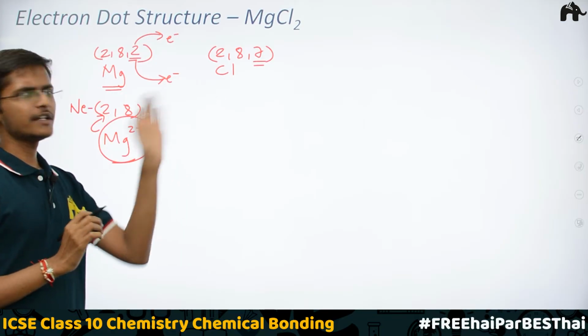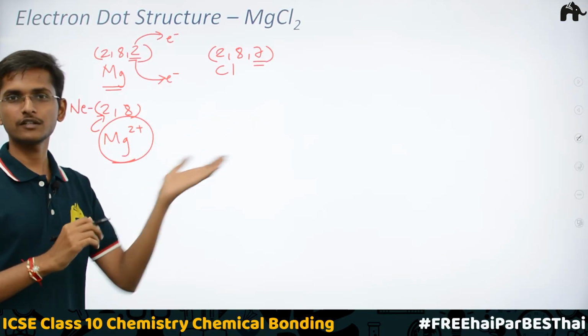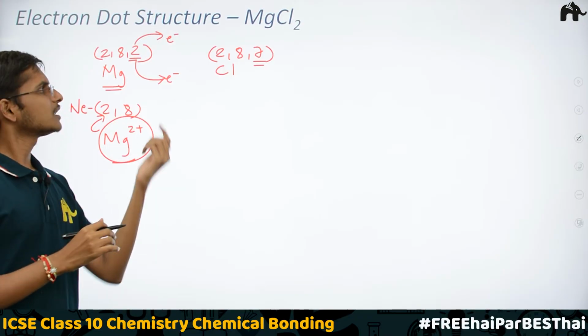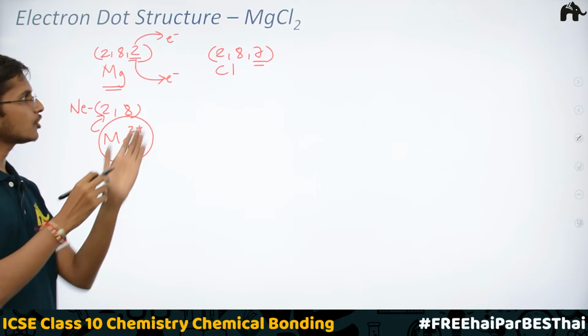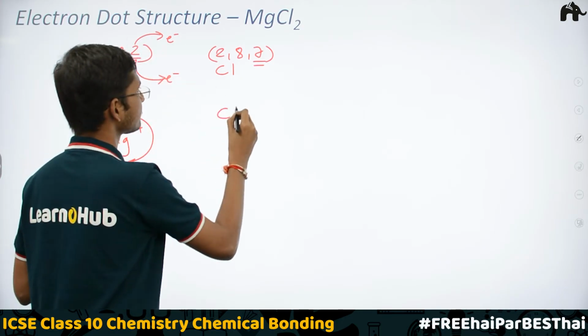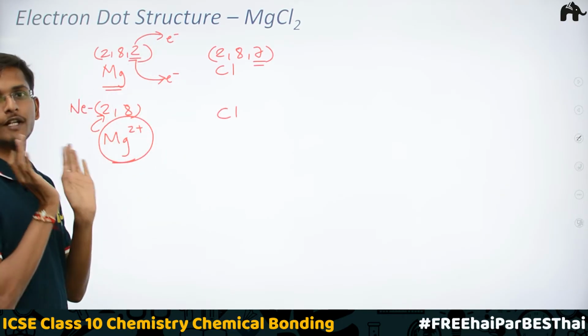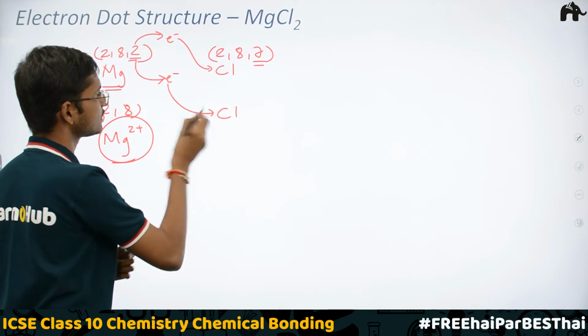So what it does, it calls another chlorine atom, another brother, and says, please come, please help me in gaining the electrons given by magnesium. I will gain 1 electron, you gain another electron. In this way, both of them would use these 2 electrons. So this electron is gained by this chlorine, suppose, and this electron is gained by this chlorine atom.